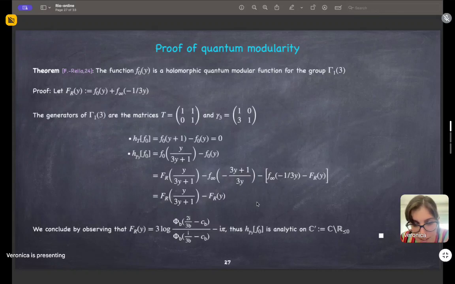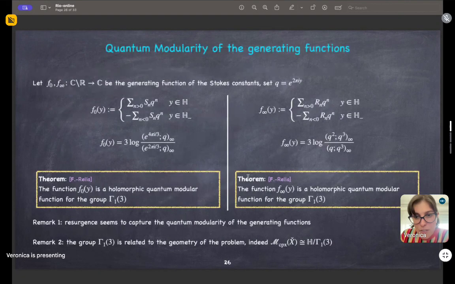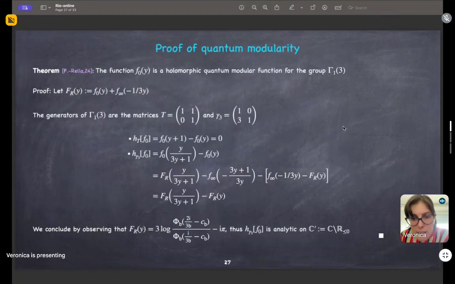Sorry, now here there is something. Maybe I put the wrong sign. I think so. Sorry, here maybe it should have been different. But anyway, I think there is something strange when I copied the formula, because F_infinity is invariant, and I'm a bit confused why it doesn't go away.